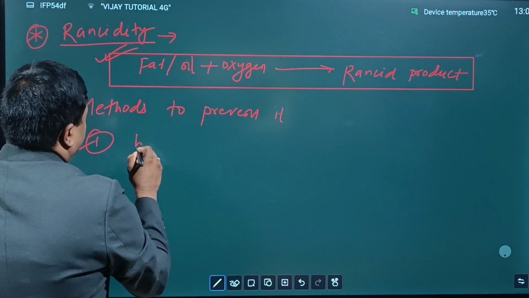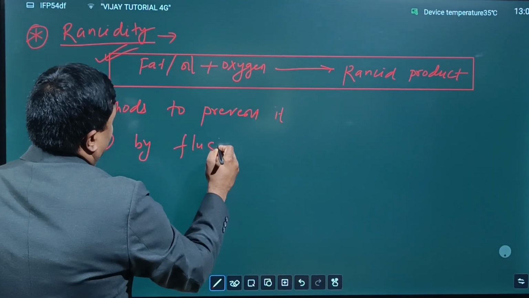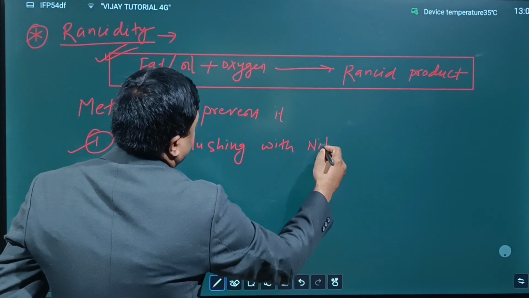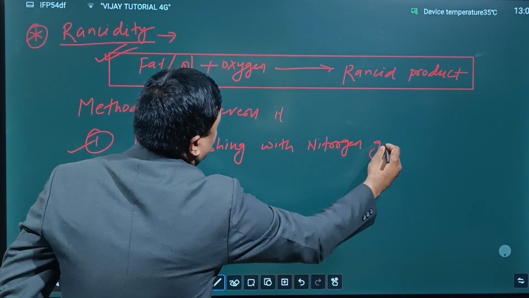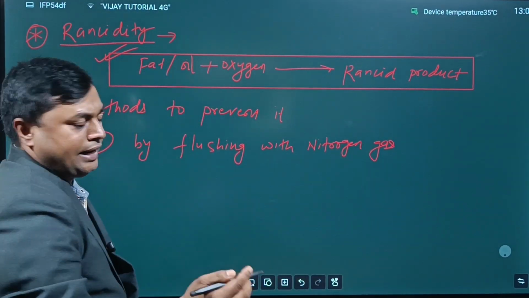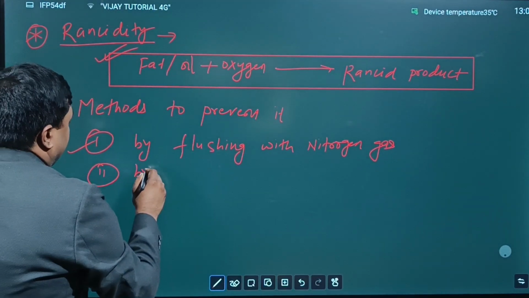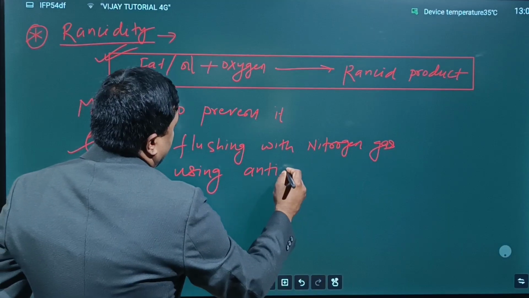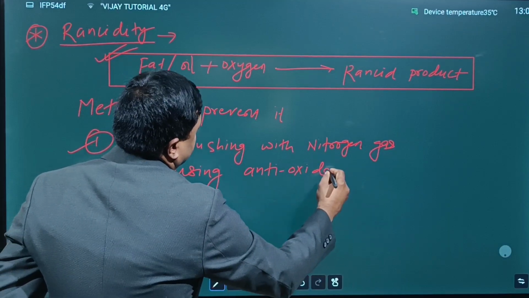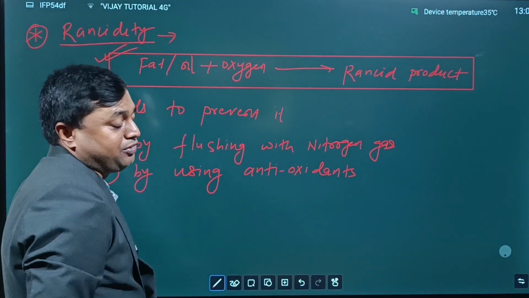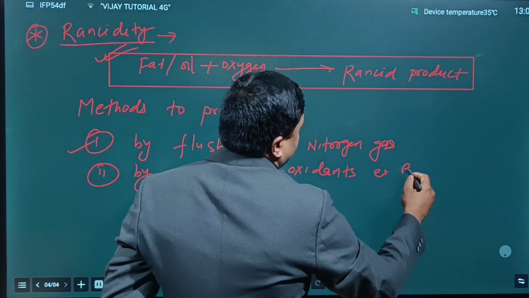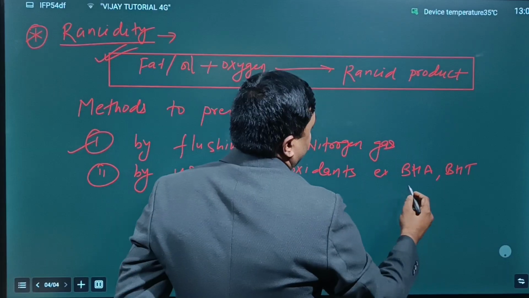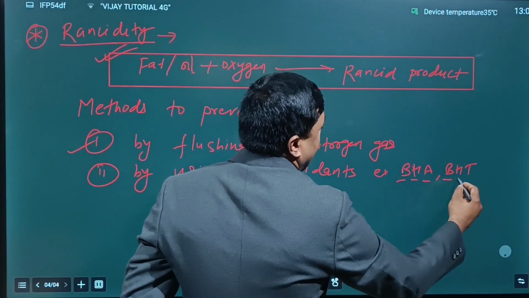First one is by flushing with nitrogen gas. Why? Because in the presence of nitrogen, oxidation cannot take place. Next, by using antioxidants, chemicals, preservatives we can say. Examples you can remember: BHA, BHT, butylated hydroxyanisole, butylated hydroxytoluene.